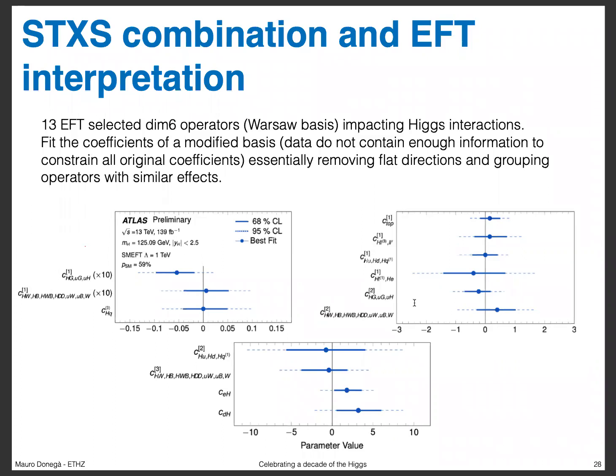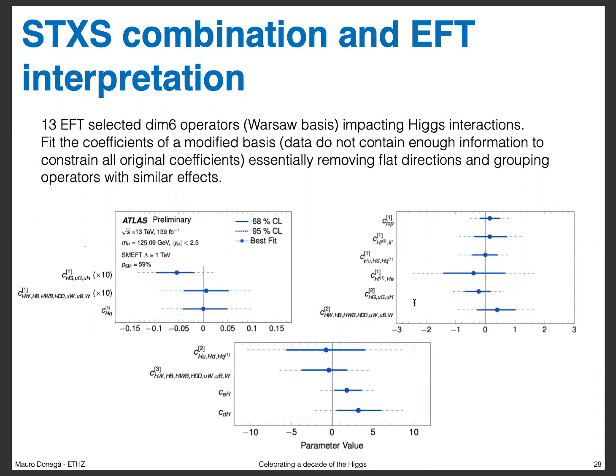And one of the interpretations that are proposed is in terms of EFT. So effective field theory. In this case, the standard model is seen as a low energy effective field theory of some higher energy complete theory. It's called the UV completion.